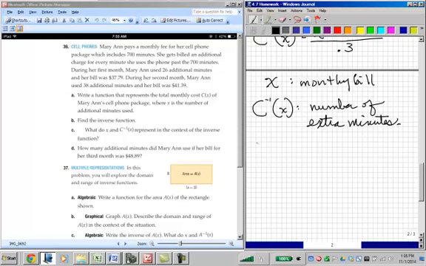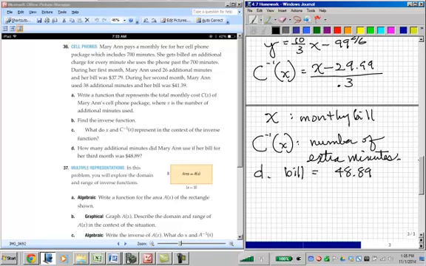Now let's do the last part, D. The bill in the third month was $48.89. How many additional minutes did she have? Well, we have a function for that.